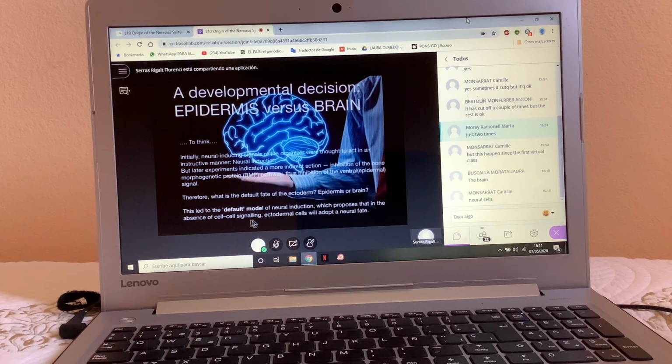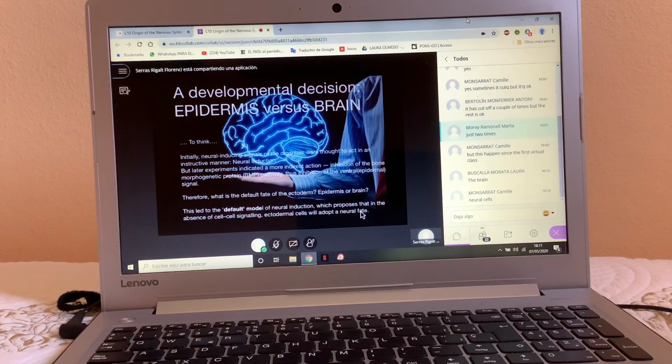Okay. Now there is a new proposal that actually the default model is, in the absence of cell signaling, the ectodermal cells will adopt the neural fate. And actually, there are some experiments in that. It doesn't mean that if we remove the BMP, then we'll get a brain on a plate, right? On a petri dish. Okay.